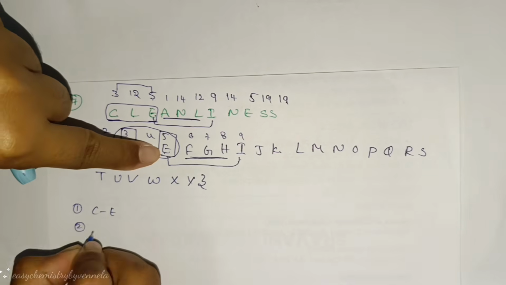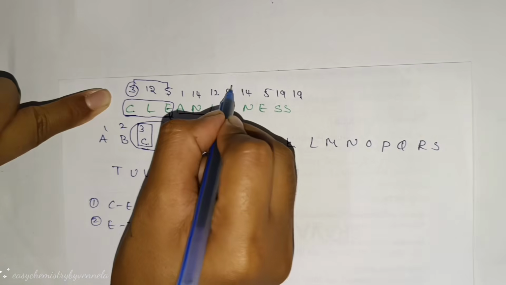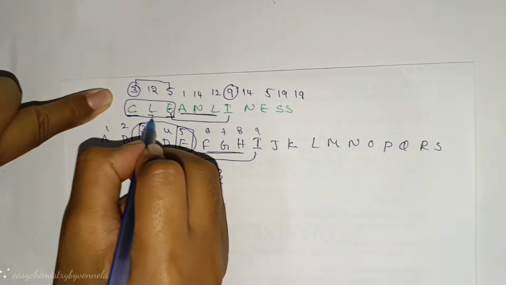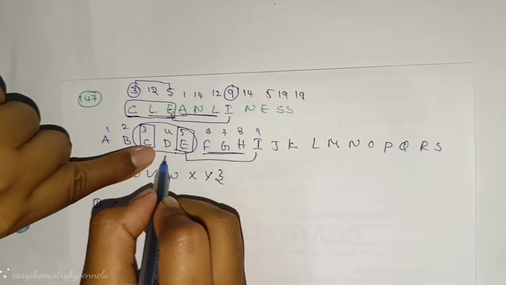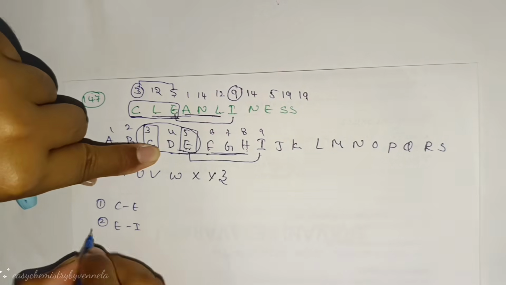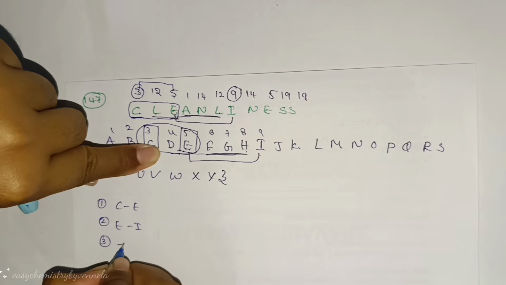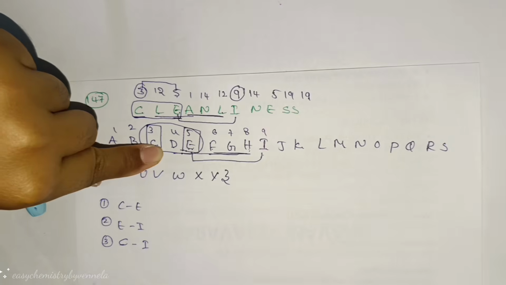Next pair is C I, 3 and 9. How much is the difference? 5 letters. Here also the same, 1, 2, 3, 4, 5 letters. This is 3 pairs.